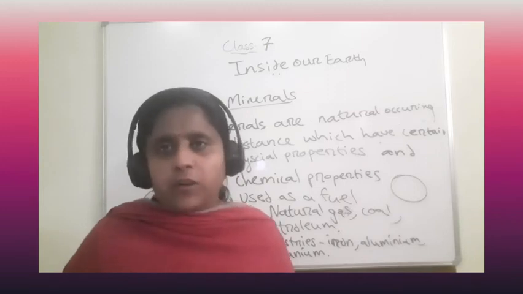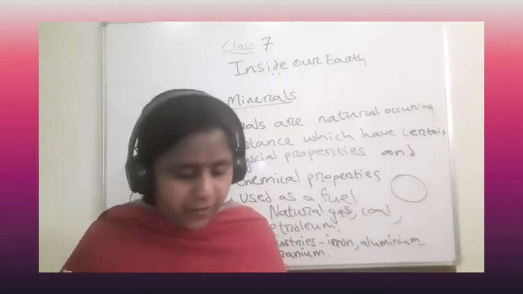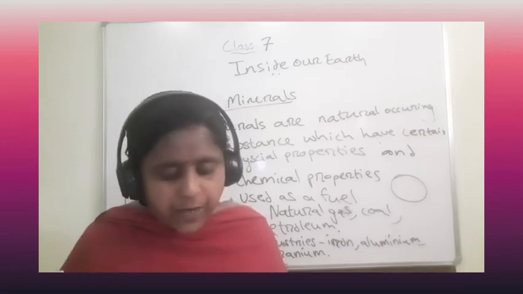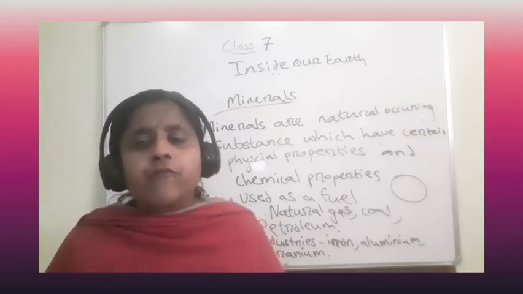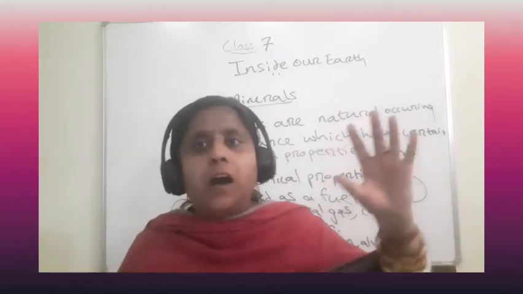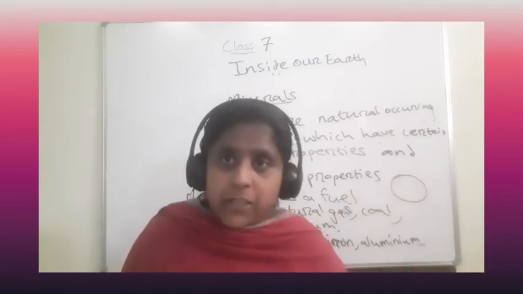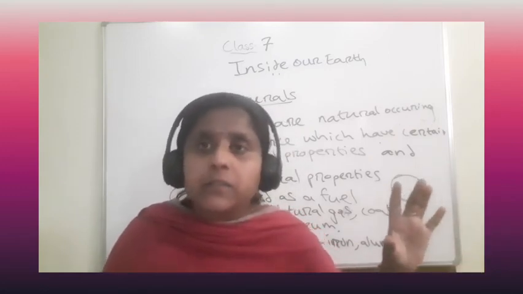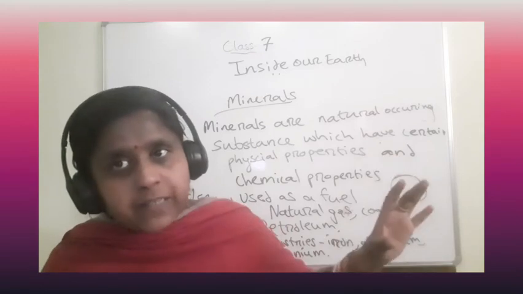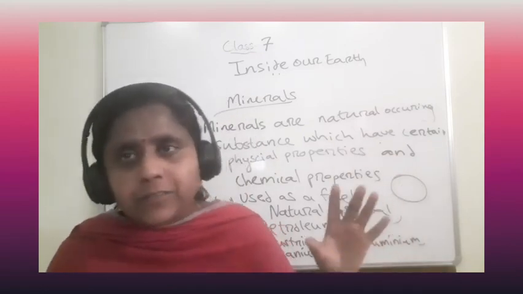Name three types of rocks: igneous rock, sedimentary rock and metamorphic rock. How are extrusive and intrusive rocks formed? When the hot molten magma, children, comes to the earth's surface, it solidifies and cools down and forms extrusive igneous rock.